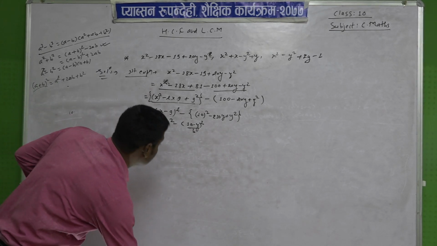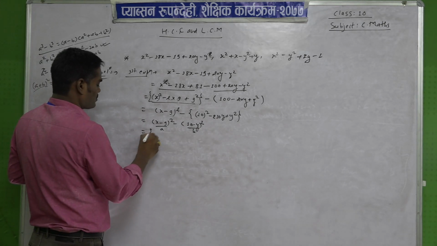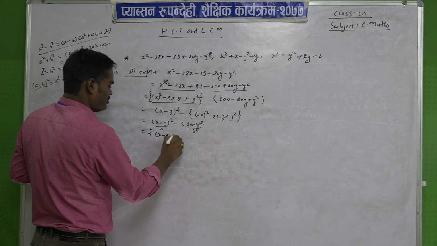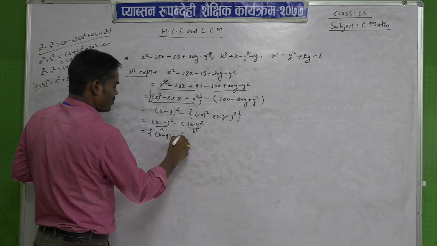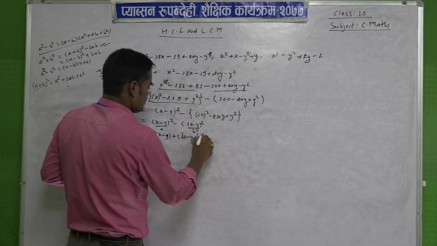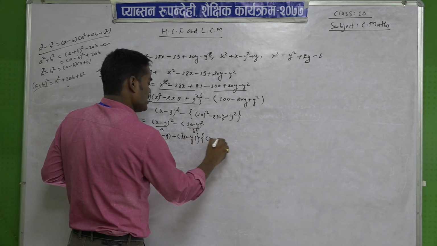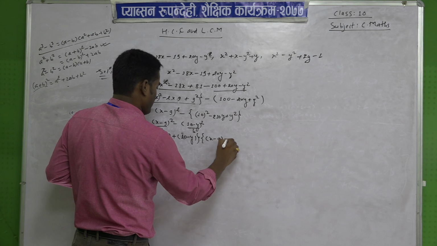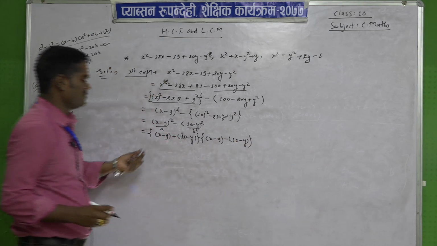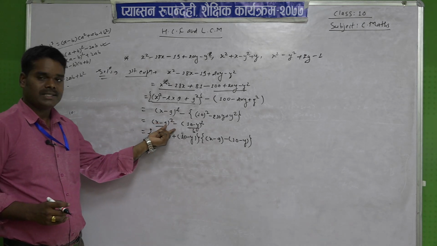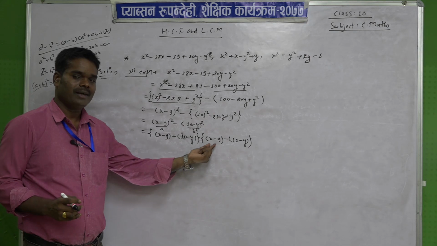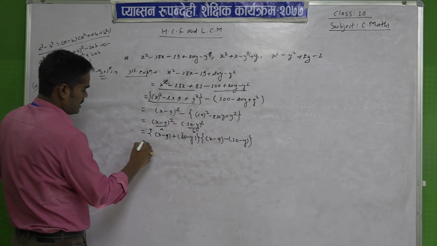So use the formula. See here, a plus b, and the other factor is a minus b. A square minus b square means a plus b, a minus b. Now open the bracket.